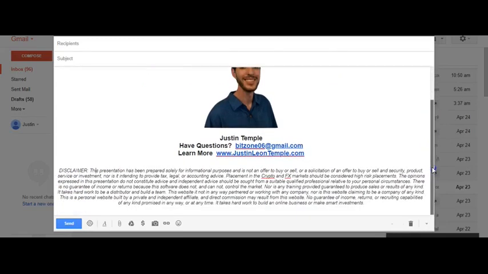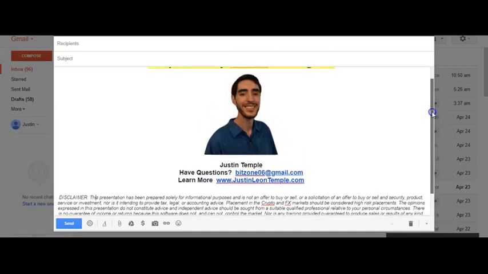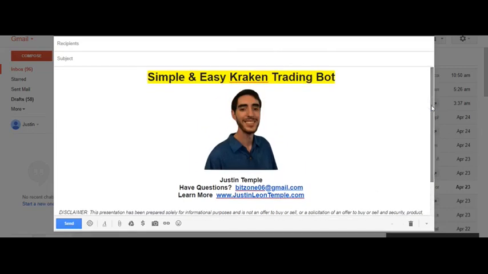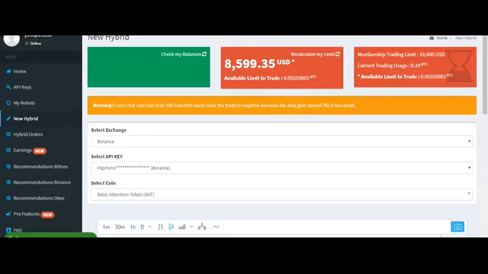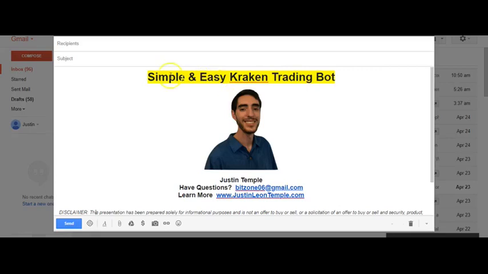So with that being said, when you visit justinleontemple.com, you will see the back office of this trading bot, and you will see more of the trades closing and the percentage of close, and a lot more of the money that's being made for us with this trading bot.